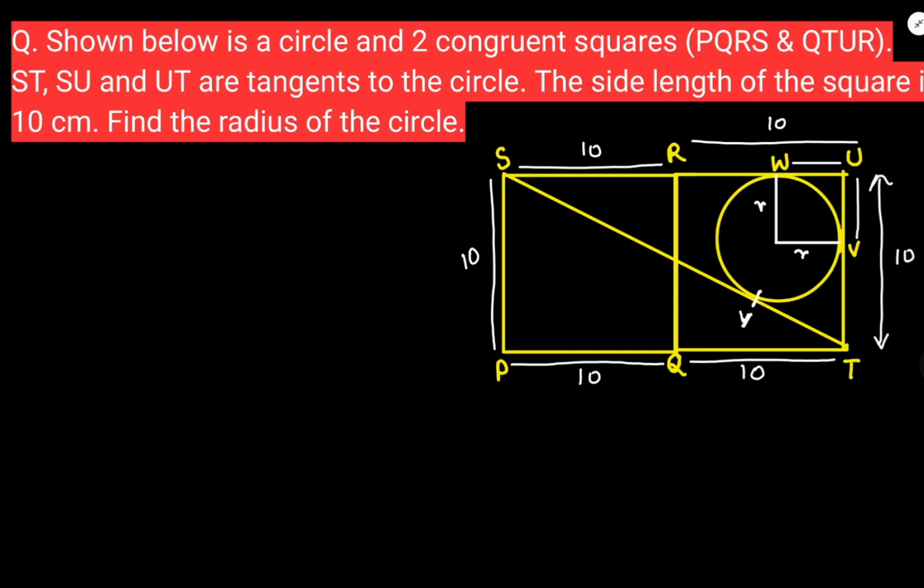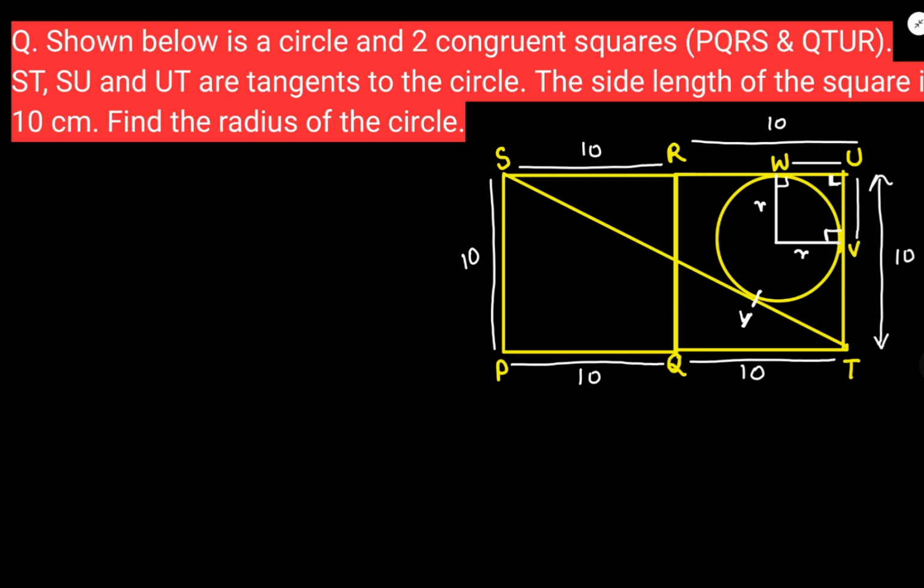Now look at this square first of all. We know that this is 90, this is also 90, because this is a square and the angle is 90 degrees.